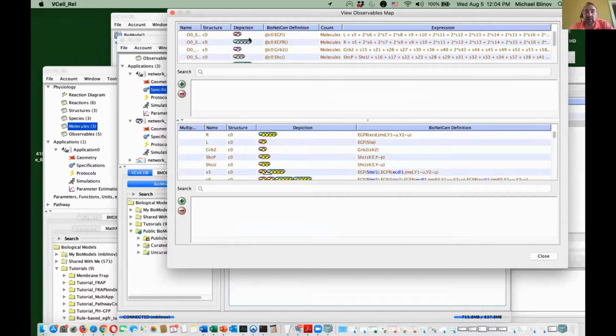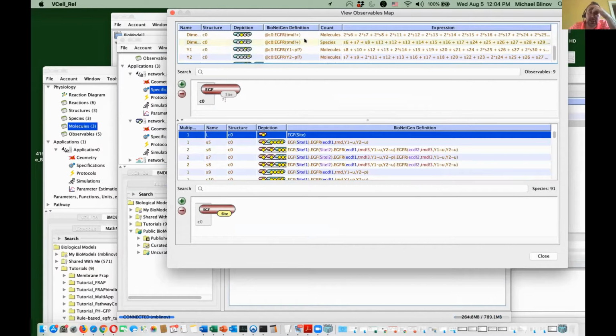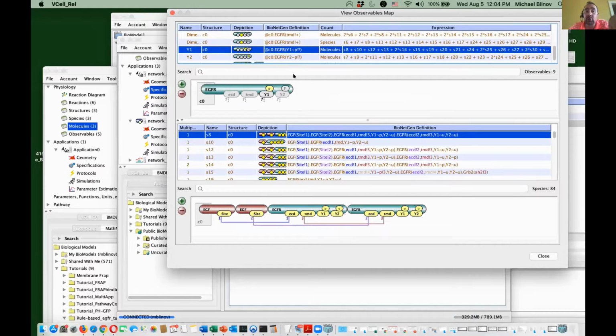This, for example, is an observable that corresponds to the total phosphorylation of EGFR on site Y1. And if you look, there is a multiplicity.